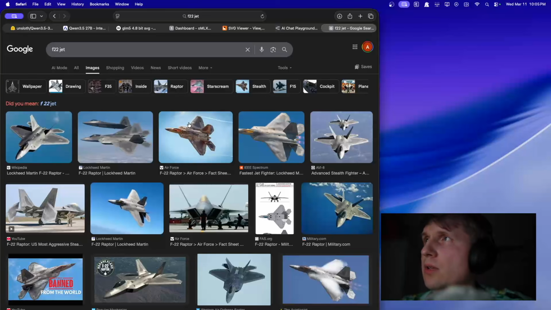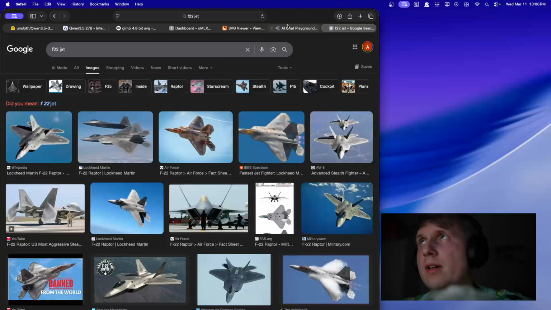As you can see, we're looking for a wing shape that's kind of like a triangle rather than a normal fighter jet. And the back wings are kind of big for this kind of airplane. So this is what we're looking for.